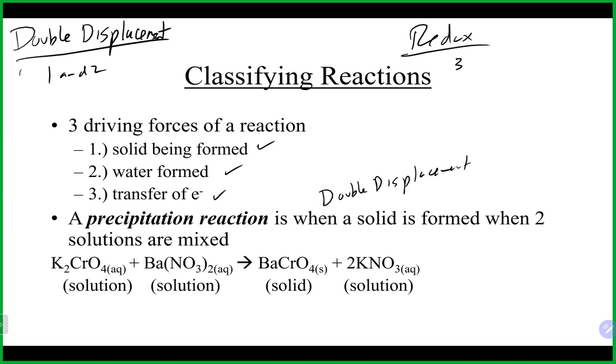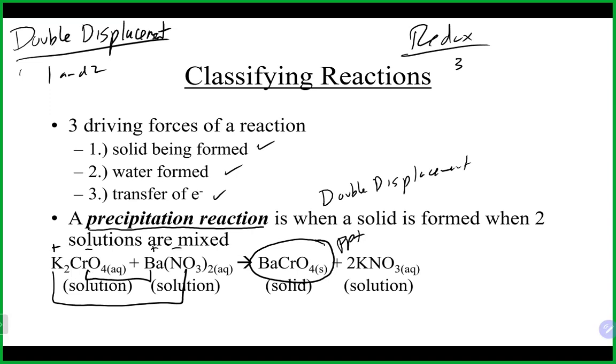A precipitate being made. Again, I can recognize that positive, negative, going to switch partners. And upon that switch, we get some barium chromate, which is a solid, and that is the formation of a precipitate.